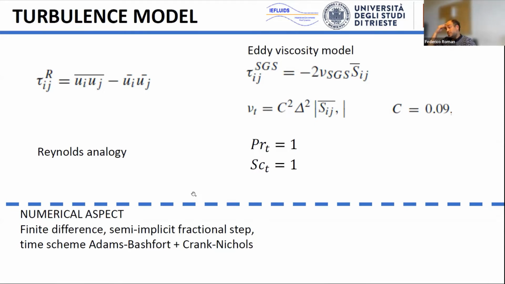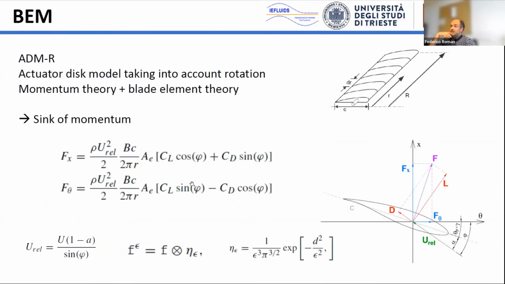The Poisson solver is a SOR with a multi-grid accelerator. And concerning the way we are considering the presence of the marine turbine inside the domain, it is with a blade element momentum approach, and then in the end with an actuator disk model that takes into account rotation.